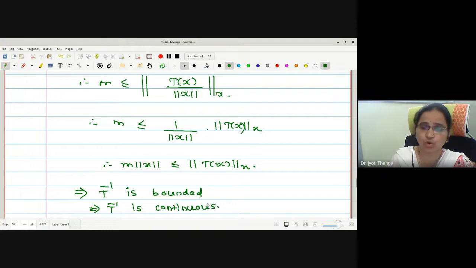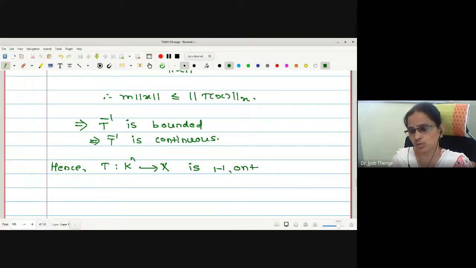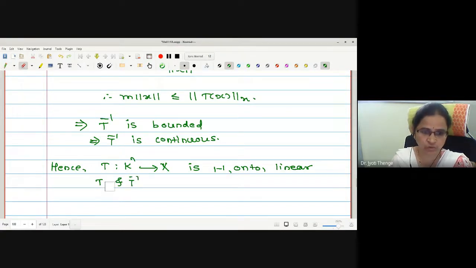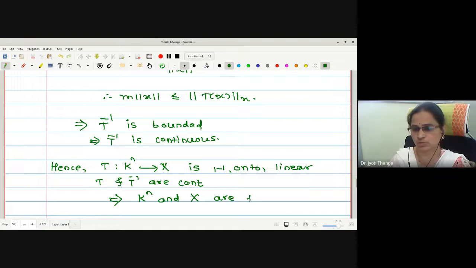Therefore, what we have shown in all is that T, a mapping from Kn to X, is 1-1, onto, linear, and T and T inverse are continuous. What is it going to imply then? Kn and X are topologically isomorphic.